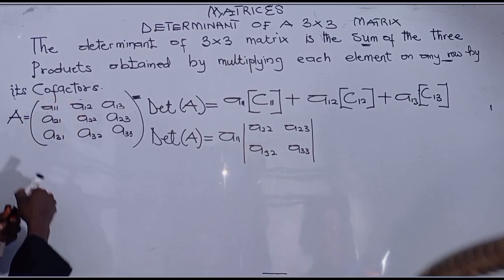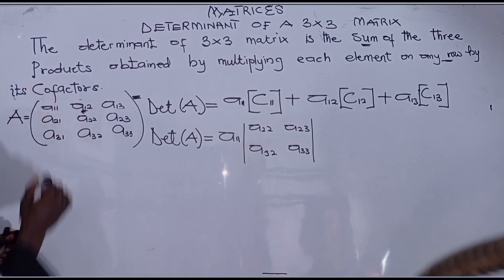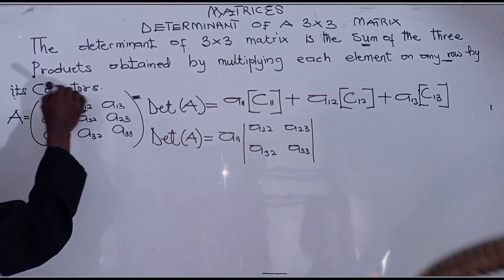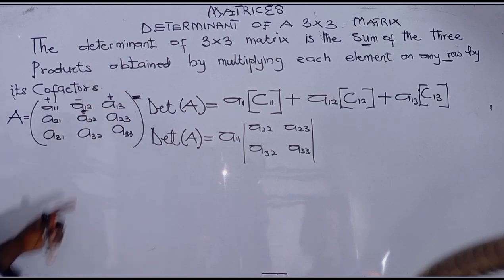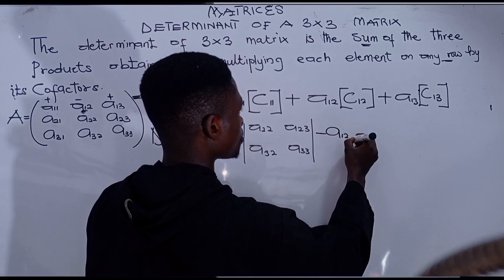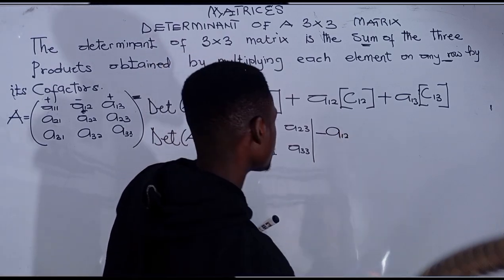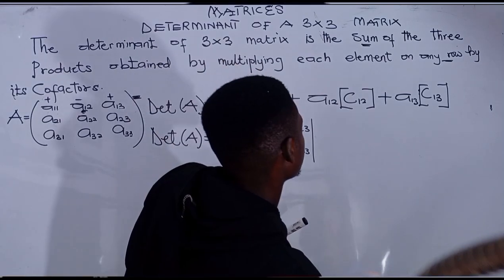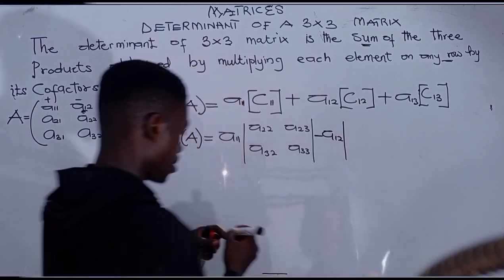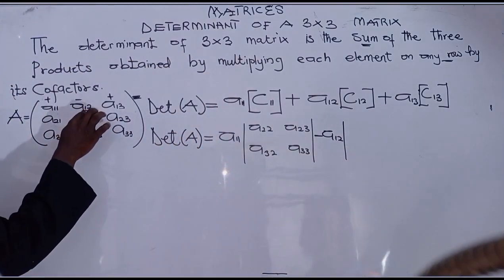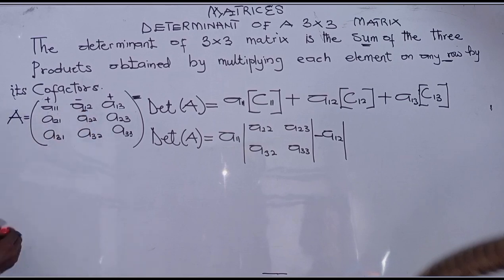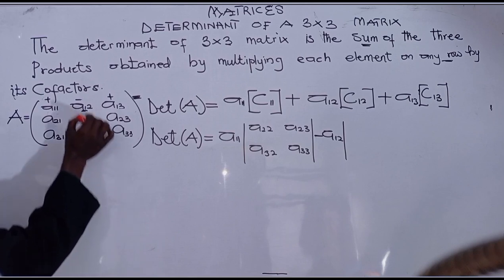Now we'll be looking at the second entry. As I said earlier, the signs for the first row are plus, minus, plus. So looking at the second entry, we are going to have minus A12. For this entry A12, we are going to collapse the first row and then the second column.